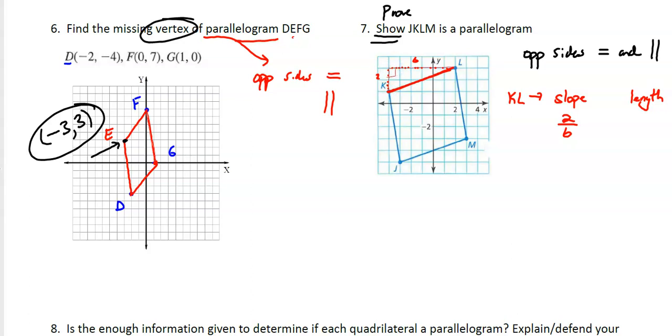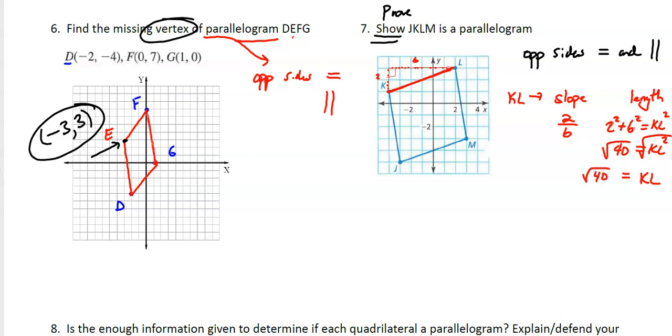So I can say that the length is going to be 2 squared plus 6 squared. Probably should go back to fatter marker here. 2 squared plus 6 squared equals KL squared. And then we just got to solve it. So that's 4 plus 36, that's 40, is KL squared. And then I take the square root of both sides. So KL equals radical 40.